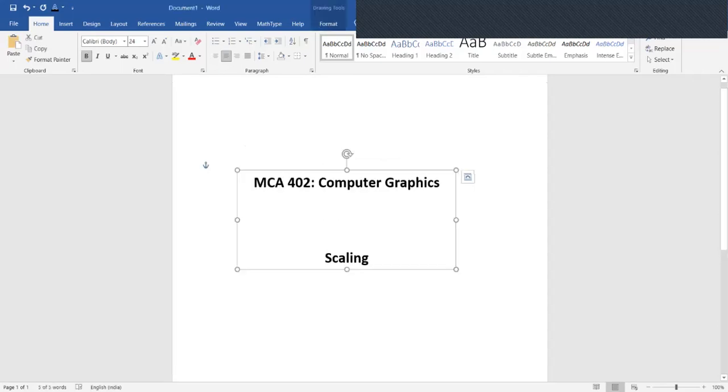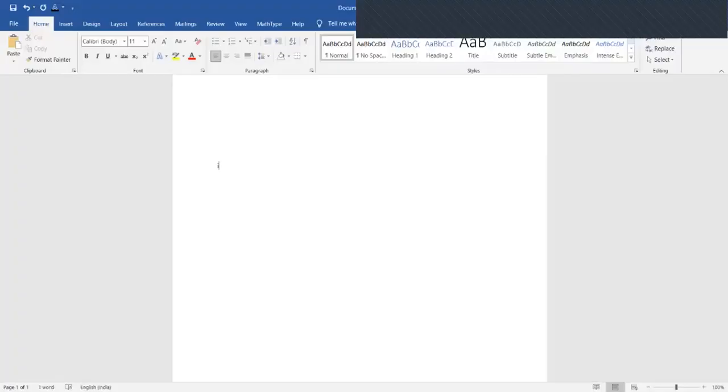Now, in the scaling process, there are two things. What are those two things?